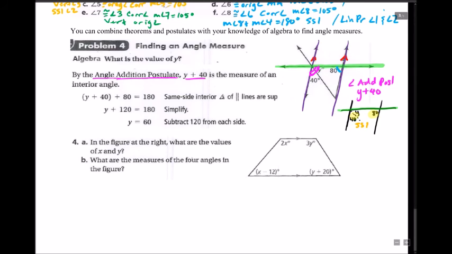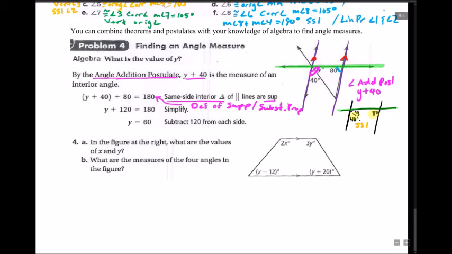Then we can use our same side interior angles and say they are supplementary, and then this is actually the definition of supplementary that lets us do this, and substitution. Hate it when they leave out substitution properly. Hate it when they leave out steps.